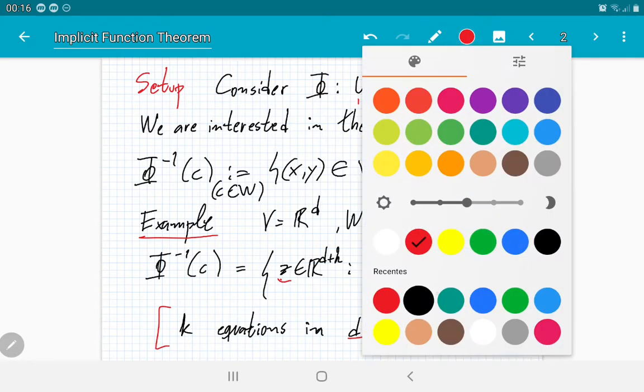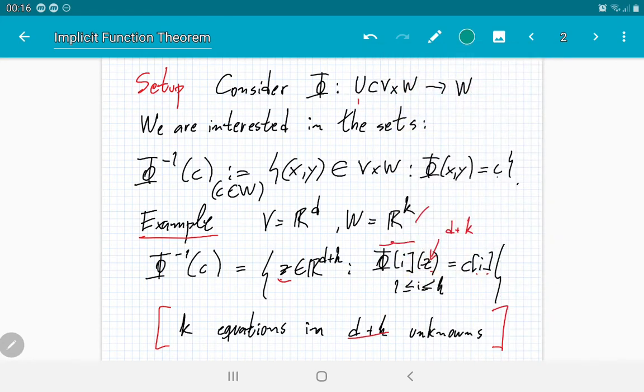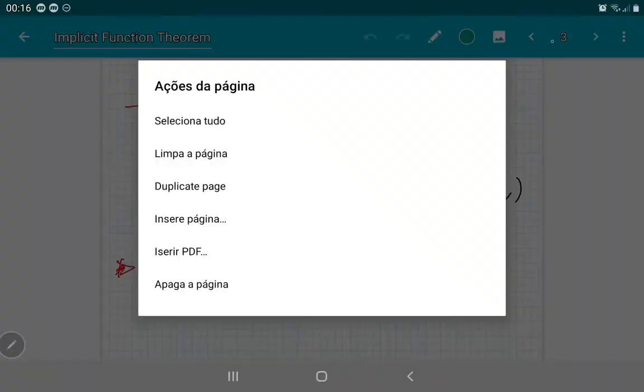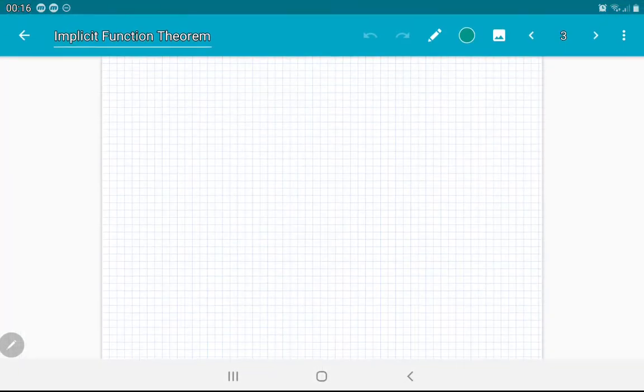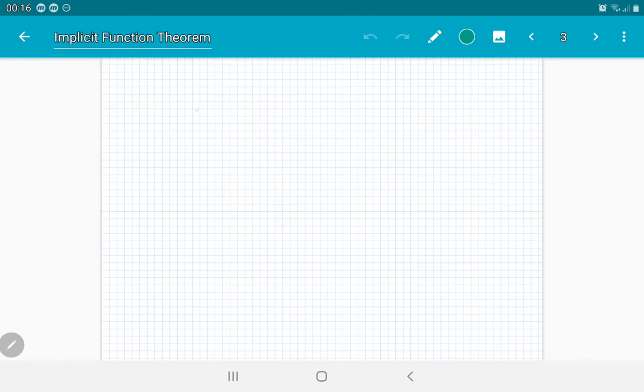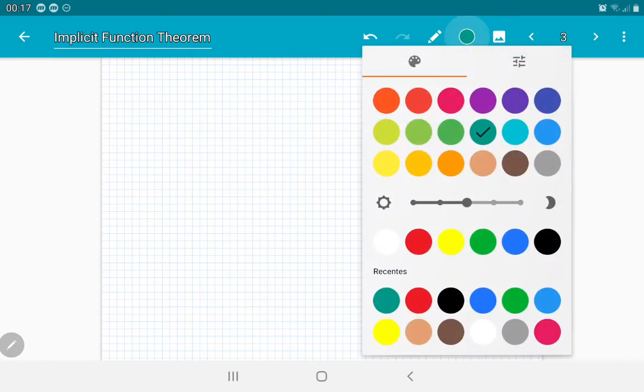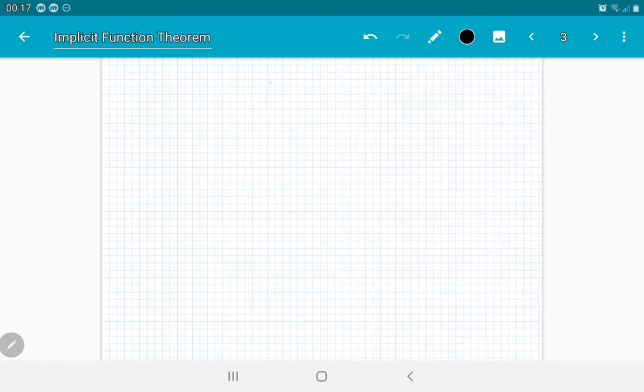Of course, we understand these things very well from the point of view of linear algebra, when phi is a linear function. What happens if phi is nonlinear? So actually, I want to add a page here. Right, so suppose I have a linear system. Remember that I'm interested in the setting where I have a Cartesian product.